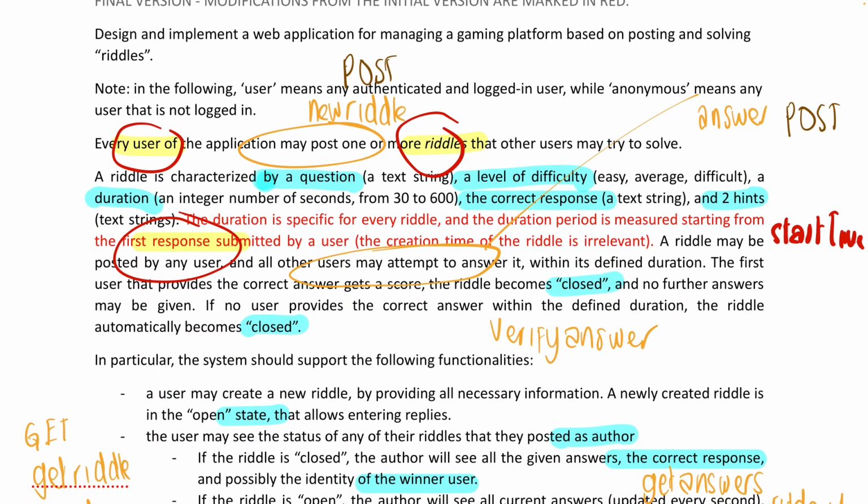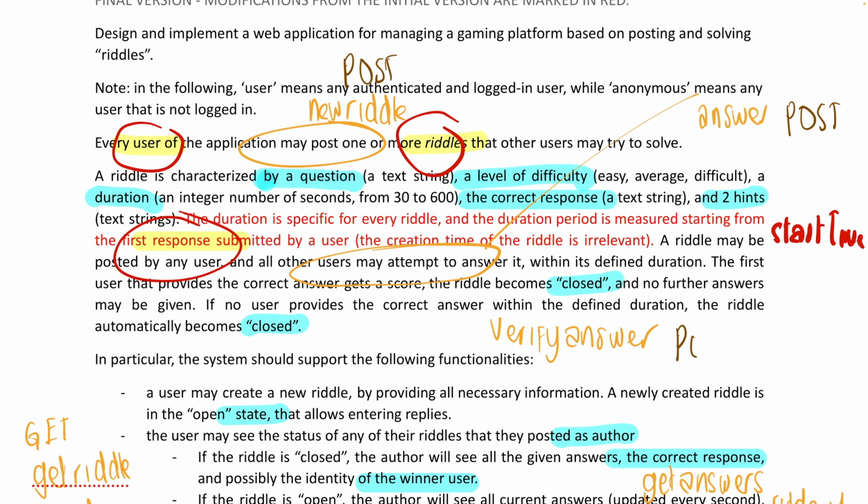Verify answer, I think it might also be a post, no? Because you need to pass something to verify. You are sending your answer and saying, verify if the answer I'm giving is the correct one. Since we are submitting information or parameters to the server, we say that this one is a post.